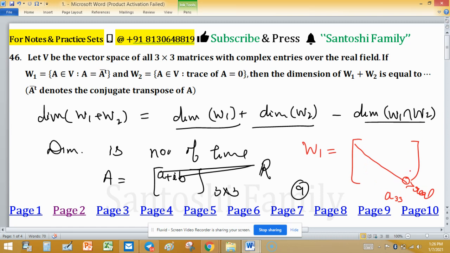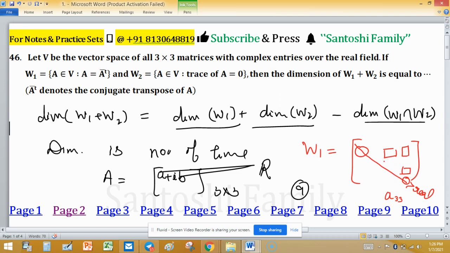Above the diagonal there are complex entries, which I mark with a square, and real entries with a circle. So this is the format, and the entries below the diagonal will be the conjugate transpose.